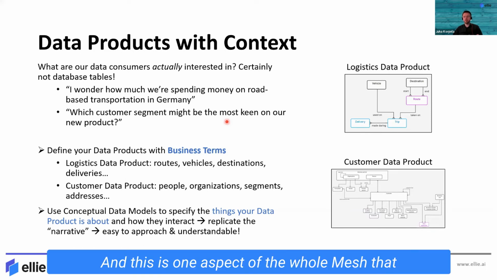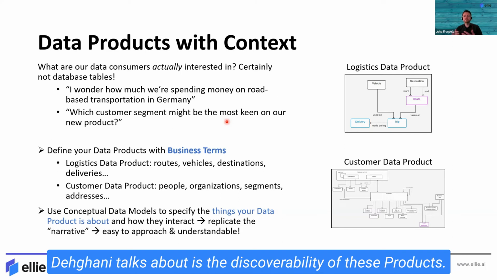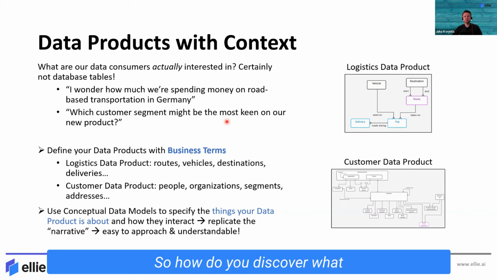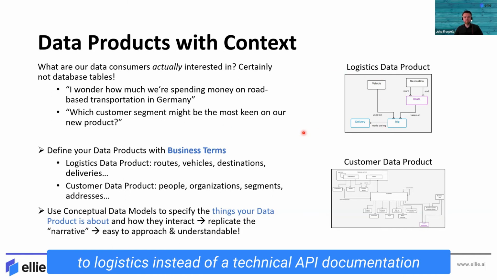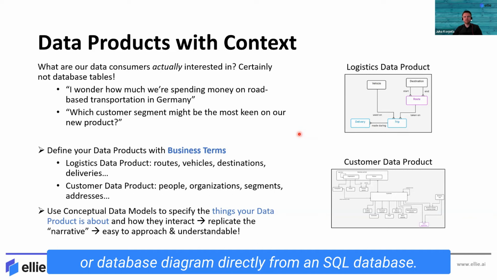And this is one aspect of the whole mesh that Dehghani talks about, the discoverability of these products. So how do you discover what data we have about logistics? Well, we define it in terms that relate to logistics, instead of a technical API documentation or database diagram directly from a SQL database.